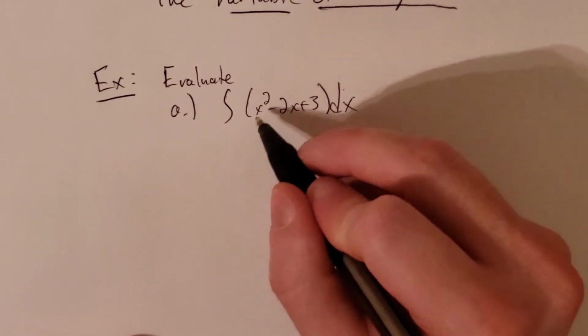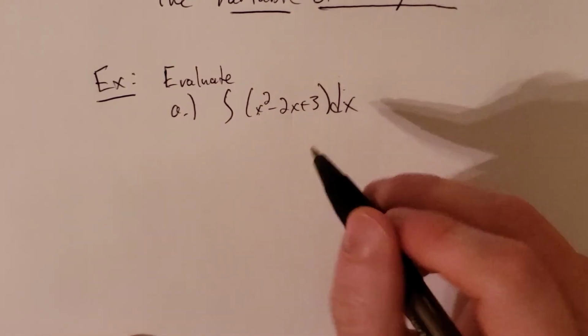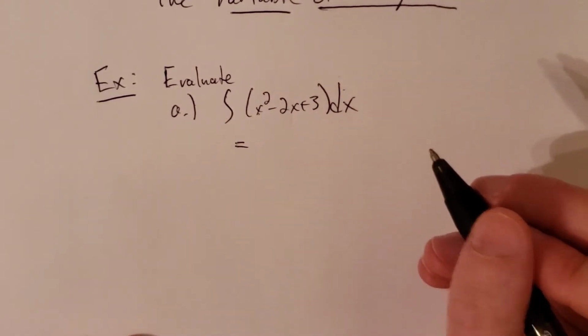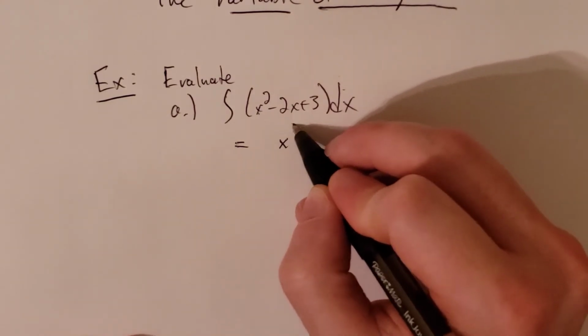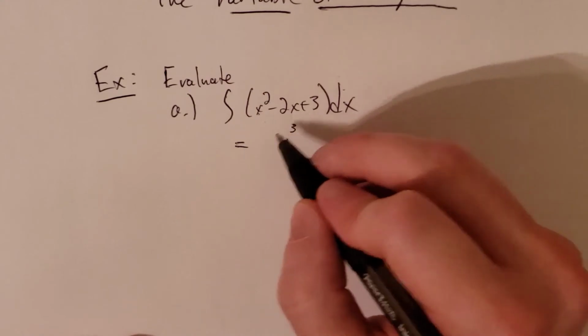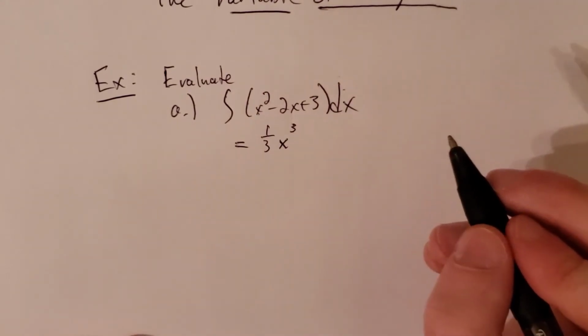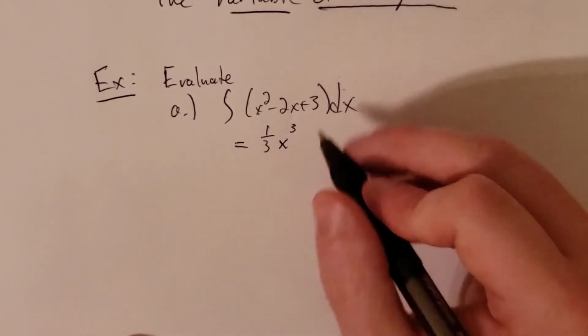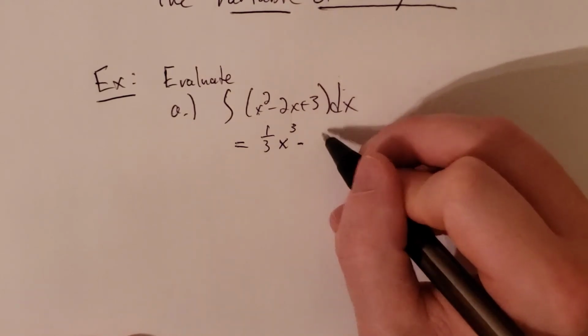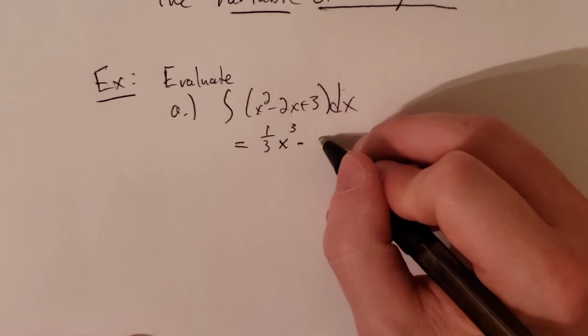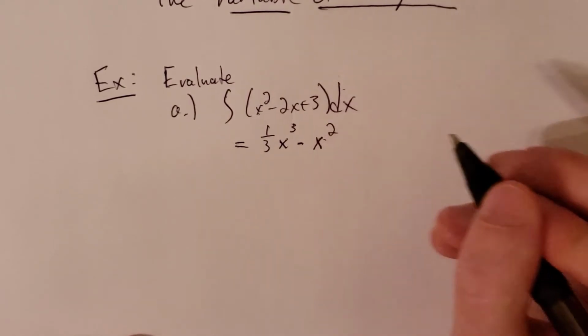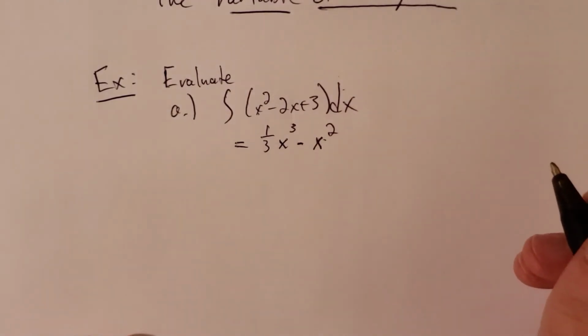So, what is the antiderivative of x squared? Well, we follow our rule. We add 1 to the exponent, and then we divide by that new exponent. So this is 1/3 x cubed. Minus, this will be x squared, but then we divide by 2. 2 divided by 2 is just 1, so we just get negative x squared there.